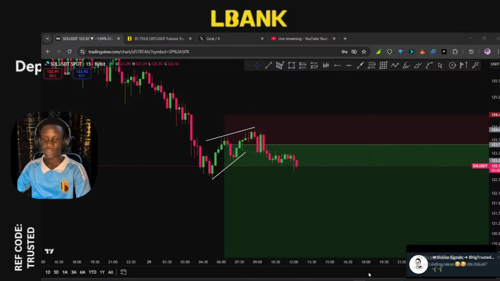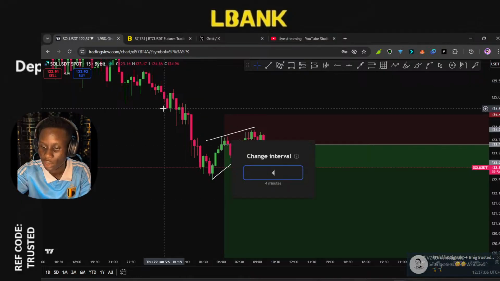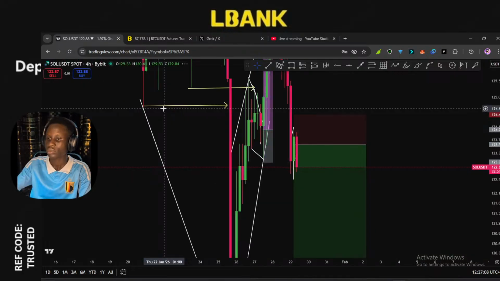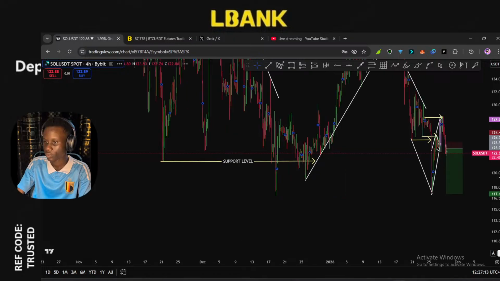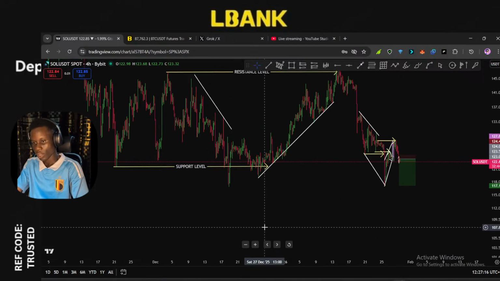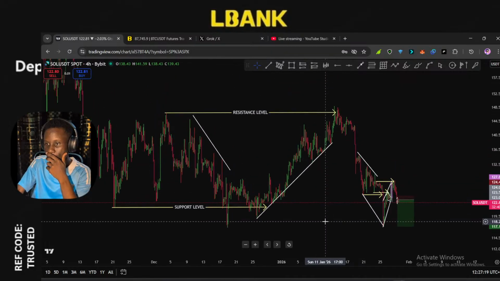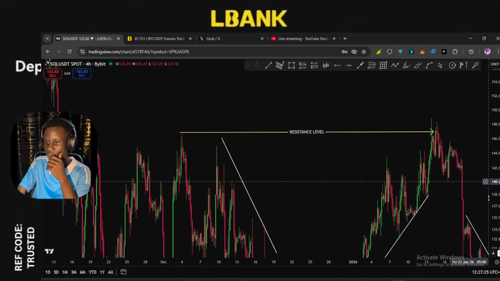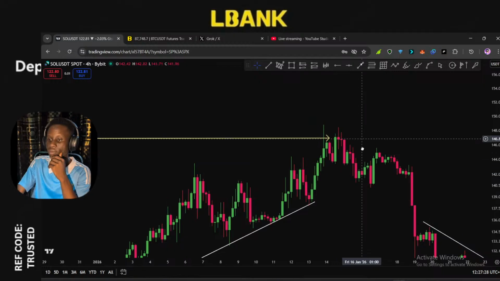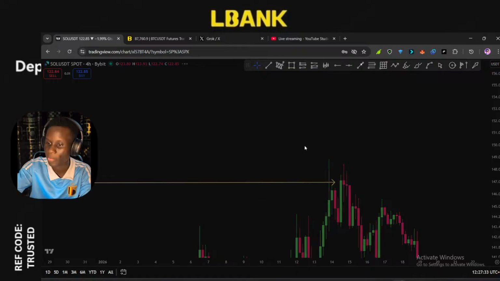Okay, so let me show you what a false breakout looks like. Okay, I think I just found one. We'll be able to see that very well on the 1 hour time frame.